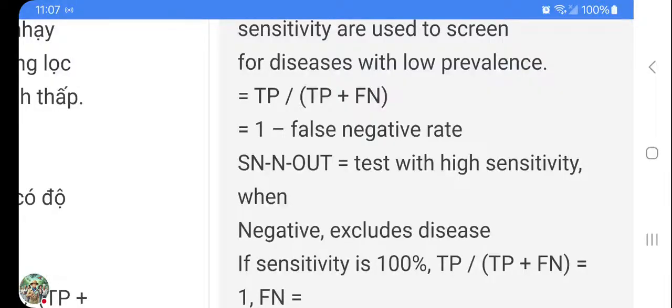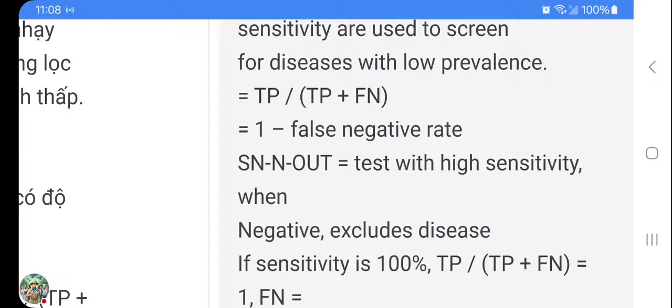The total of true positive plus false negative is square number 1 plus square number 3, which stands for the first column, the people who actually have a disease, for example disease A.